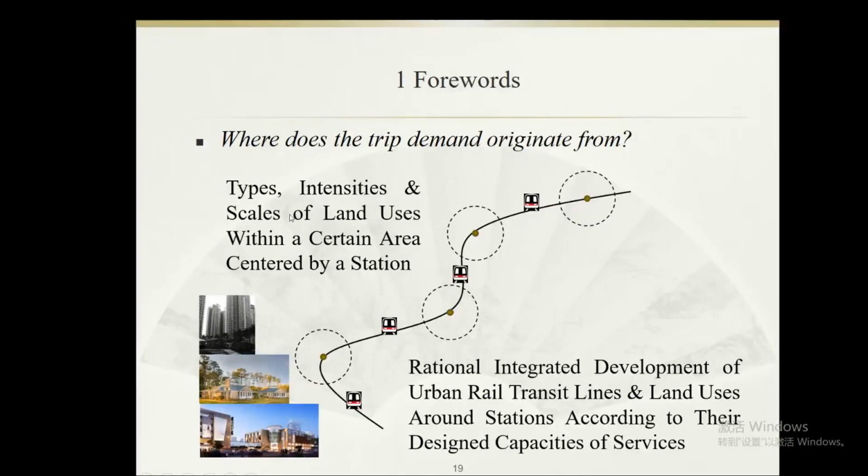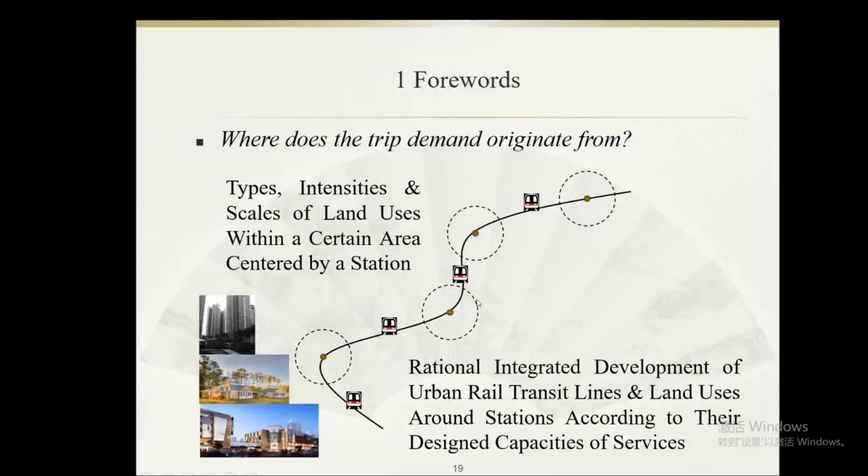High intensity, large scale, for example commercial land use, will have more passengers. Low intensity, small scale, only a residential area around a station, then fewer passengers.